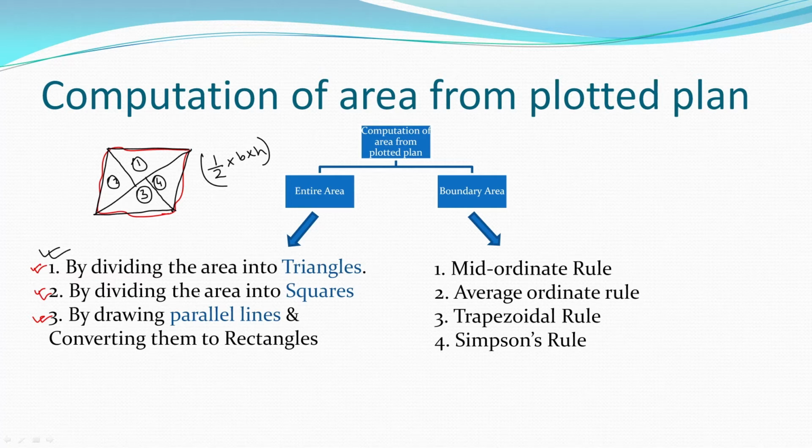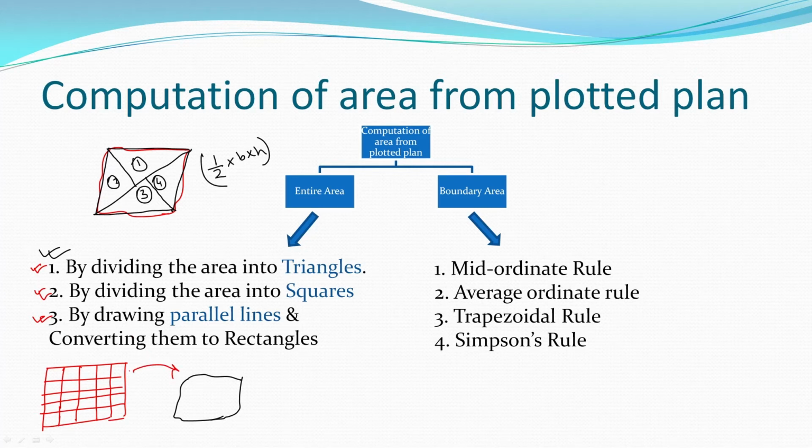Okay, now by dividing the area into squares. Suppose you have an area something like this, and what you need to do is make squares of equal size on a piece of tracing paper. We'll make the squares according to scale, that might be 1 centimeter square, 1 meter square.